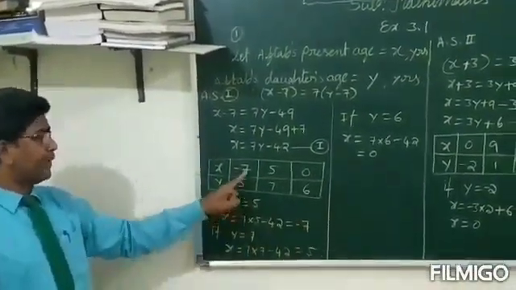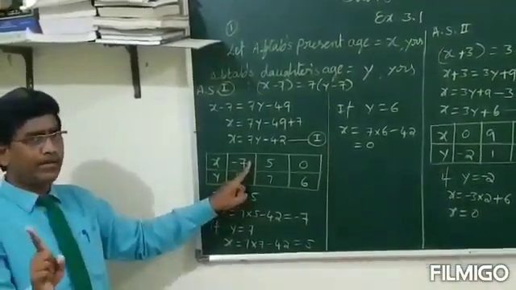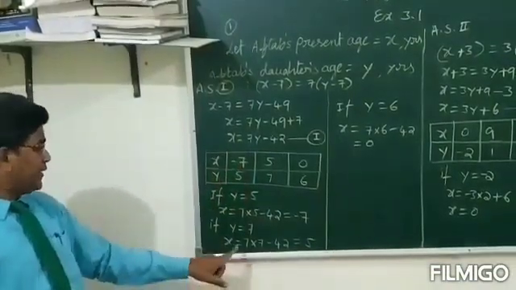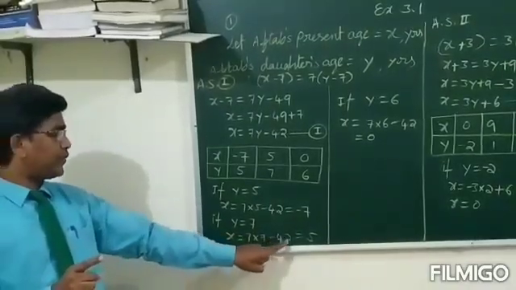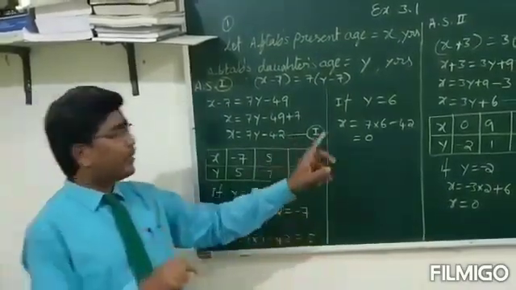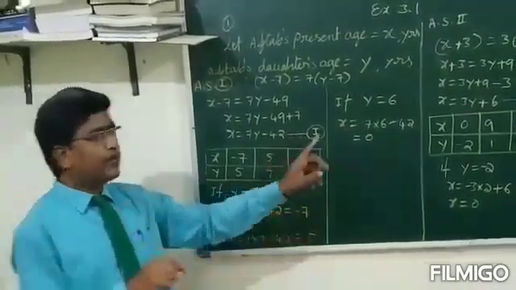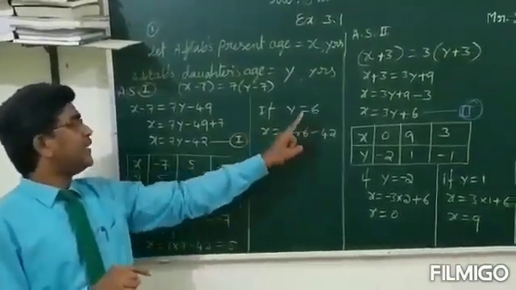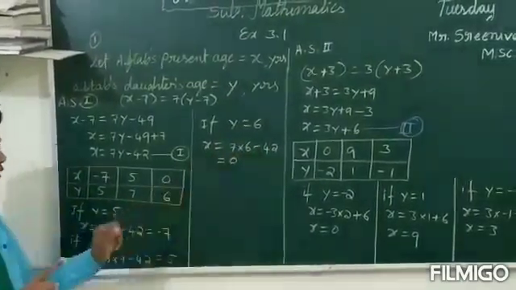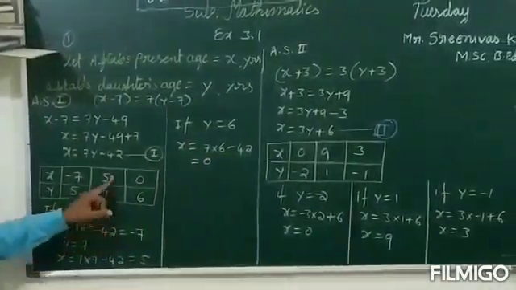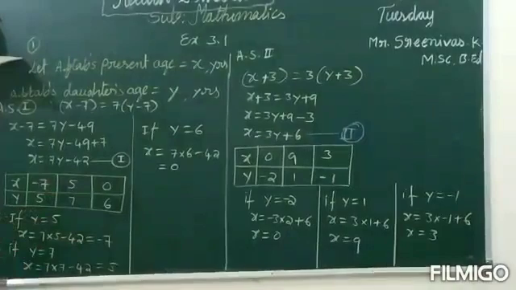You keep it in the table: y equal to 5, x equal to minus 7. You got one coordinate. And go to the next one. You see here y equal to 7 and x equal to 7 into 7 minus 42 equal to 7. Another value, y equal to 6, and x equal to 7 into 6 minus 42. So you are getting x equal to 0. See, if y equal to 7, x equal to 7; y equal to 6, x equal to 0. These values are not compulsory.